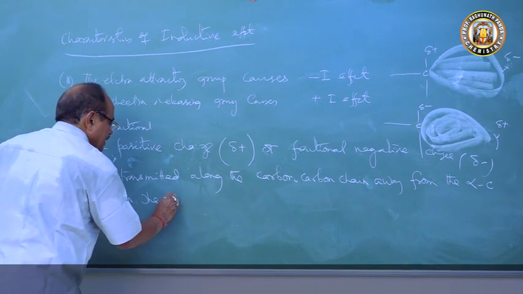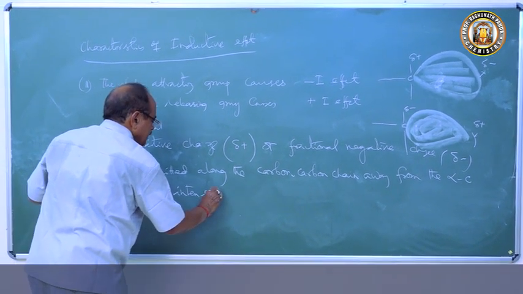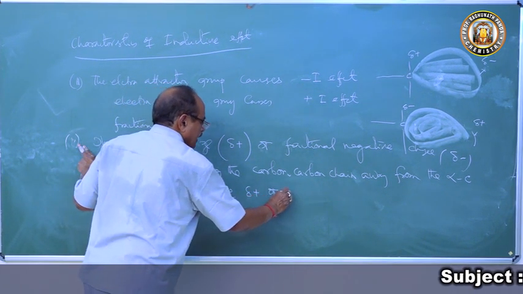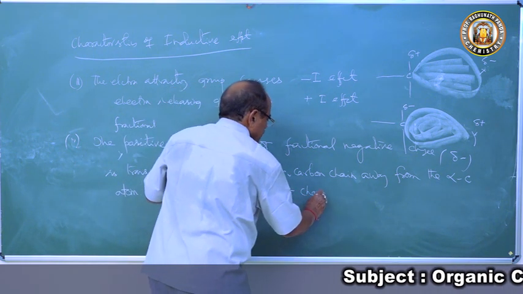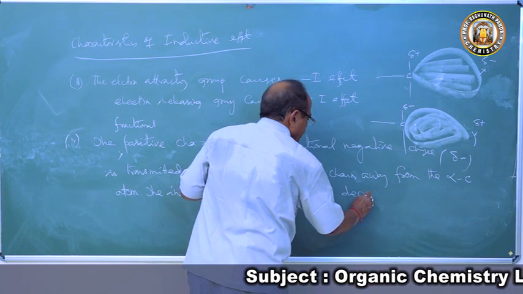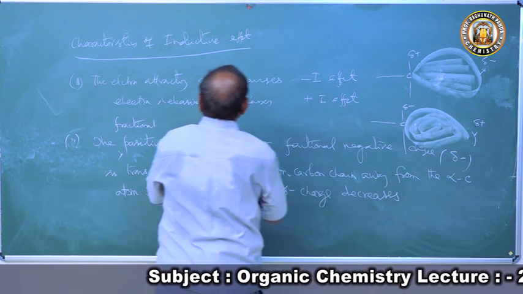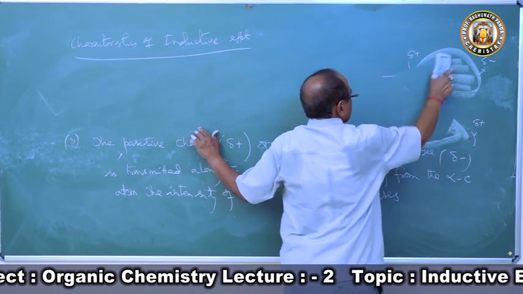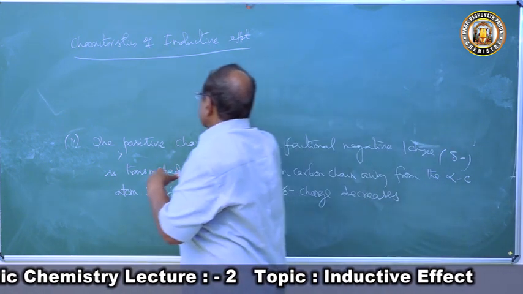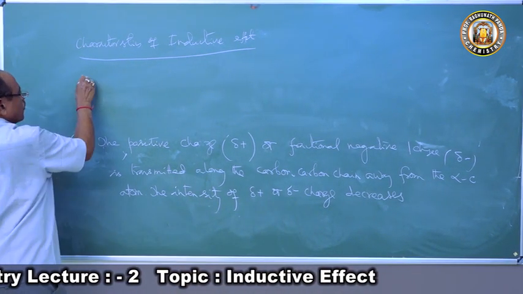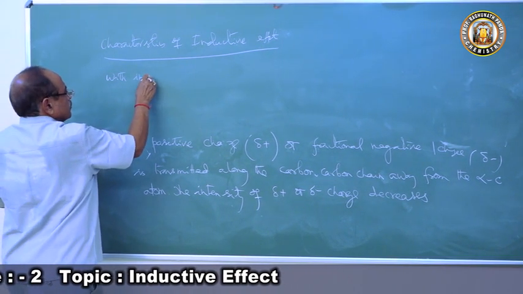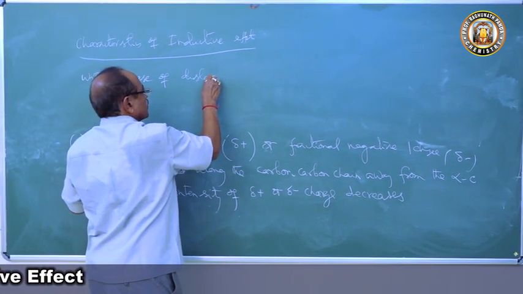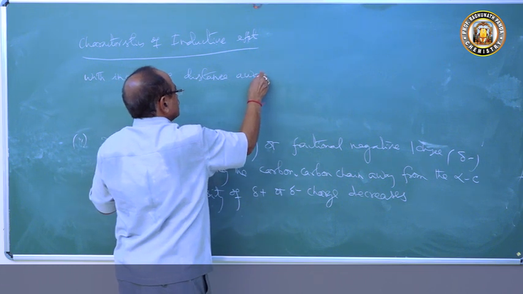The intensity of the delta positive or delta negative charge decreases with increase of the distance away from the group.